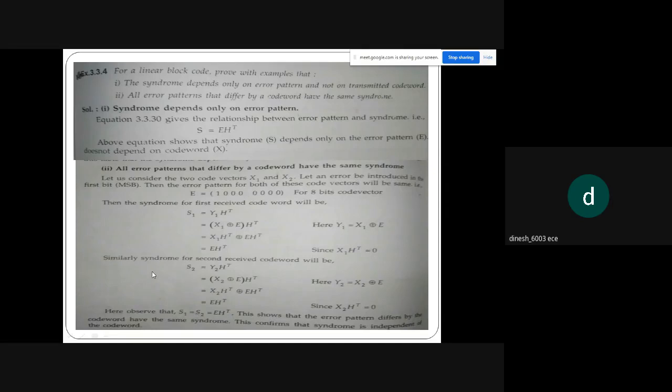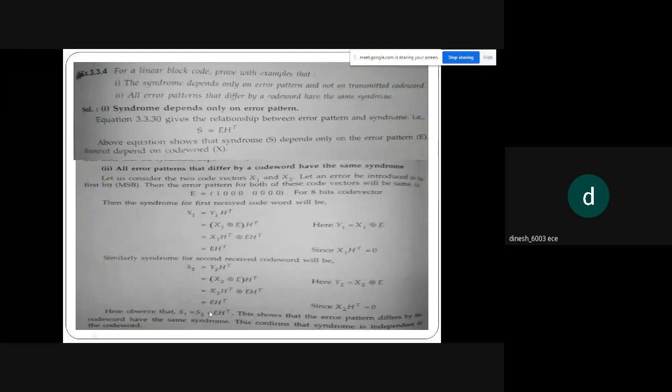Similarly, we can do it for the second syndrome. For code vector x2, we get the received signal as y2. So y2 H transpose, where y2 can be expanded as x2 modulo 2 addition E. Substitute it here, and we get x2 modulo 2 addition E, times H transpose. Multiply this H transpose inside, and we get x2 H transpose modulo 2 addition E H transpose, and x2 H transpose will be 0.